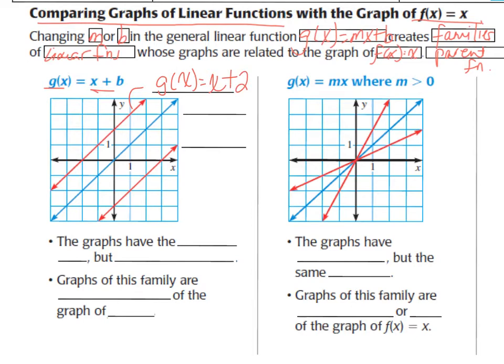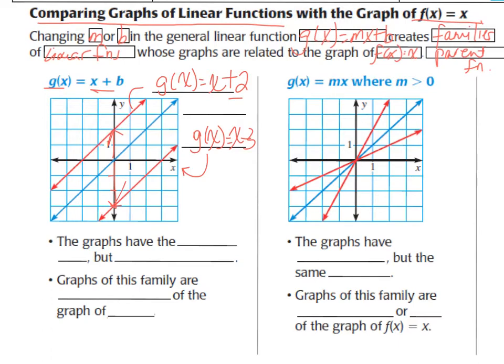And this graph would be g of x equals x minus 3 because it shifted down 3 units. And for the other one, it's plus 2 because it shifted up 2 units along the y-axis.